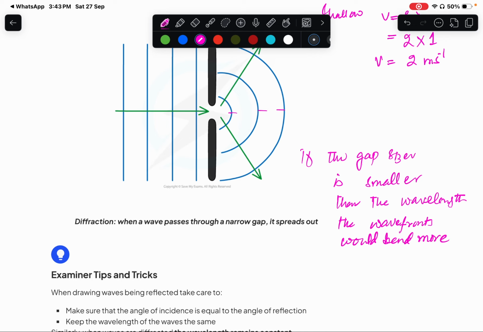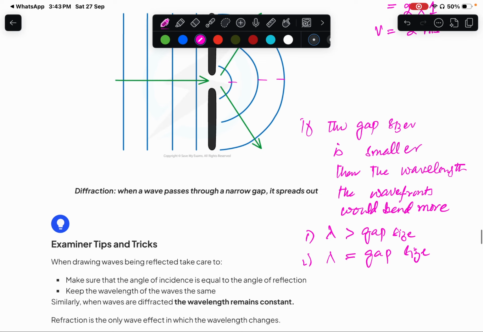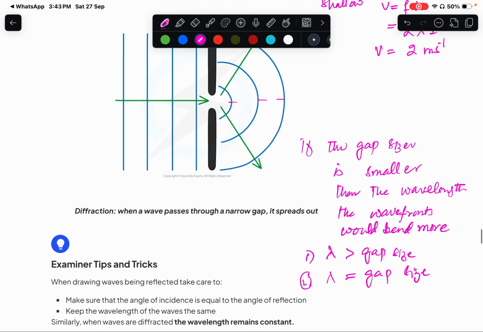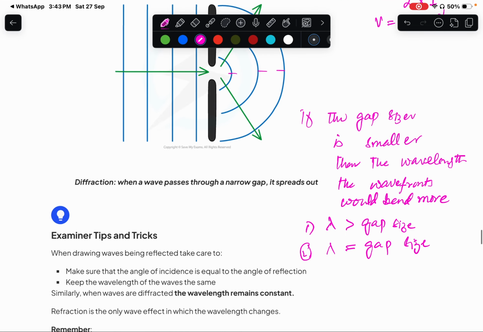Okay, so wavelength is greater than gap size. Point number two, if wavelength is equal to the gap size, still you would get a prominent diffraction or spreading of waves, but this time the wavefronts will be bending less as compared to the previous case. Although still there will be a prominent bending, like a moderate one.